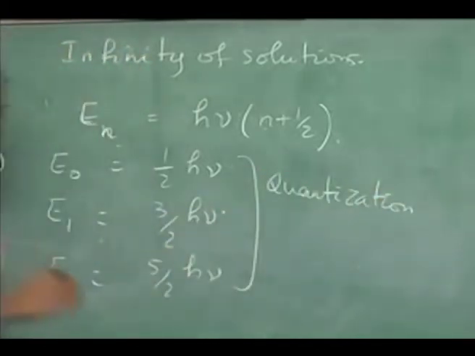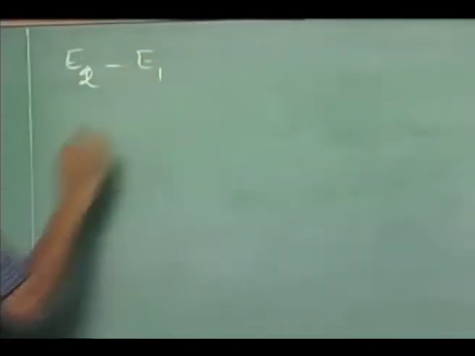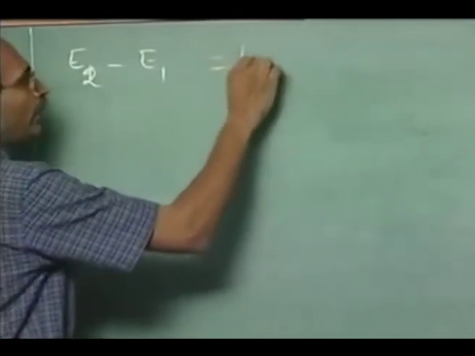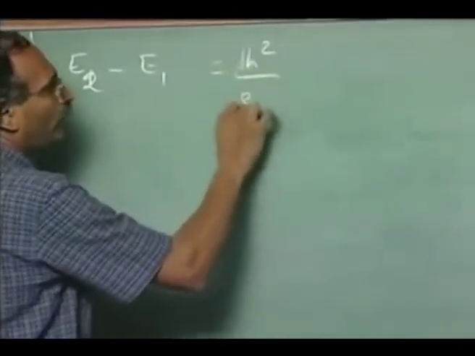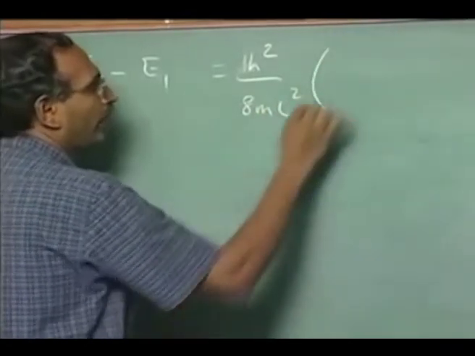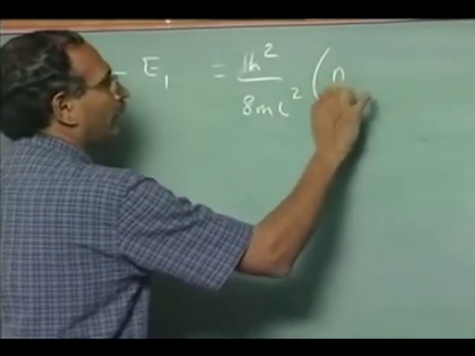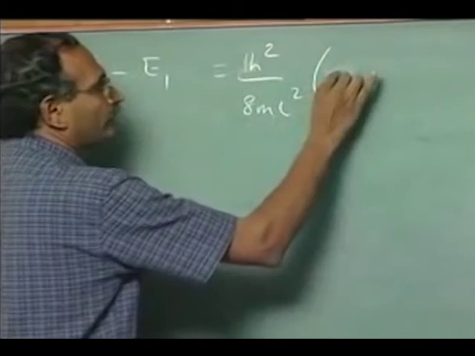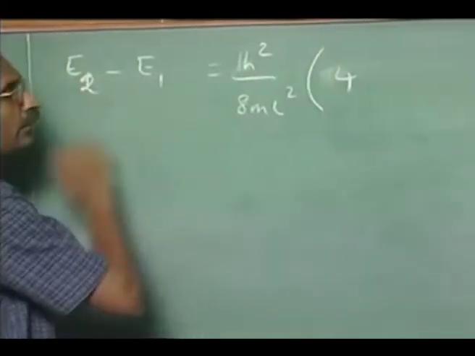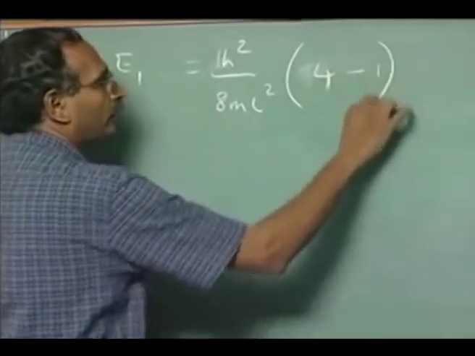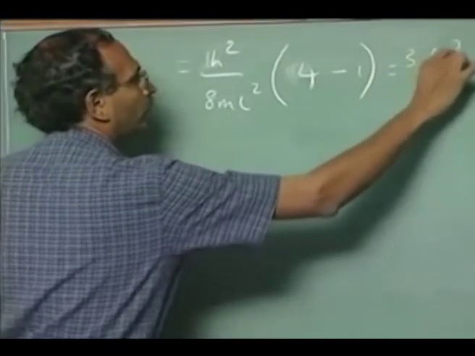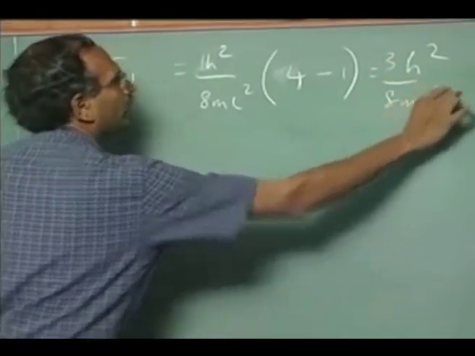It also means another thing. If you recall, in the particle in the box, E2 minus E1 was h square by 8 m L square times the difference of n squares. n corresponding to 2 is 4 and n corresponding to 1 is 1, so it is 3 h square by 8 m L square.